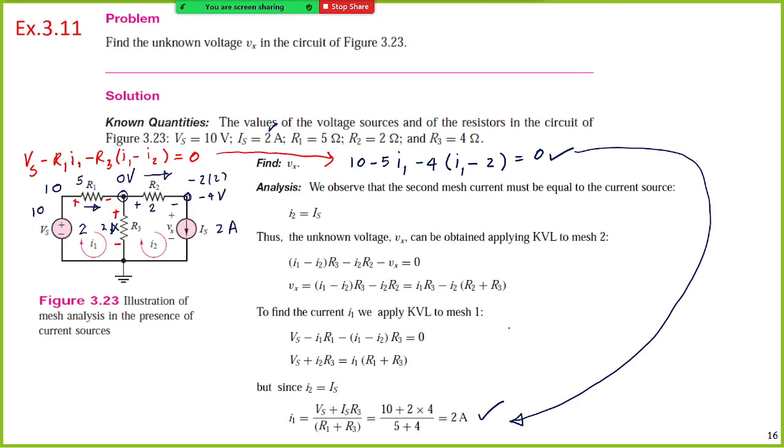Here plus 4, minus 4. Okay, this KCL is satisfied.